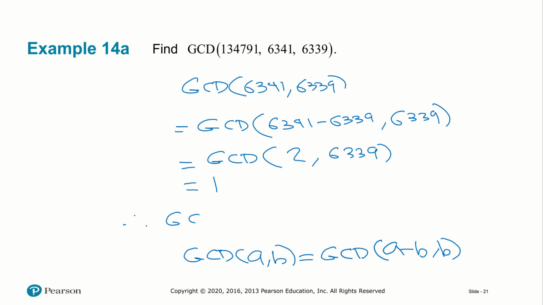So therefore, the GCD of 134,791, 6,341, and 6,339 is going to be 1. All right, a nice application of the corollary that we discussed.